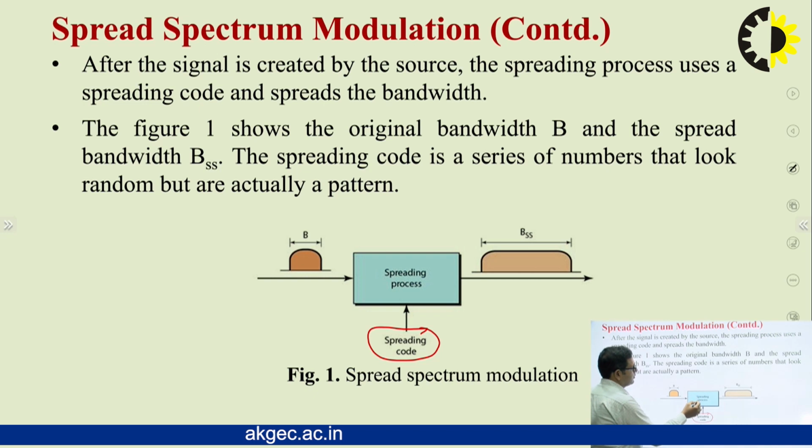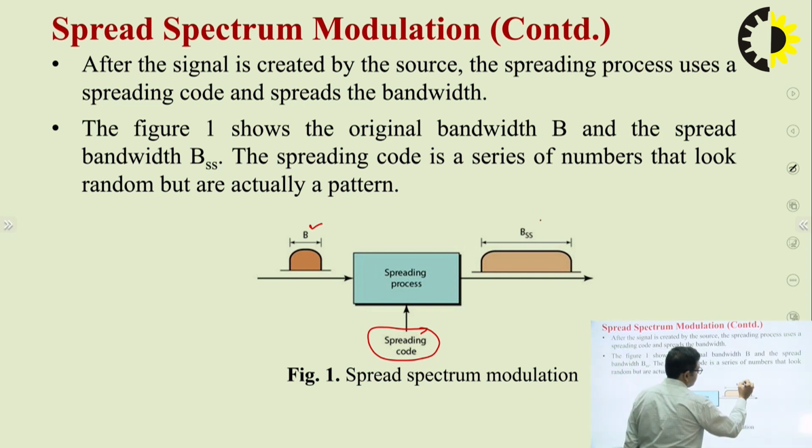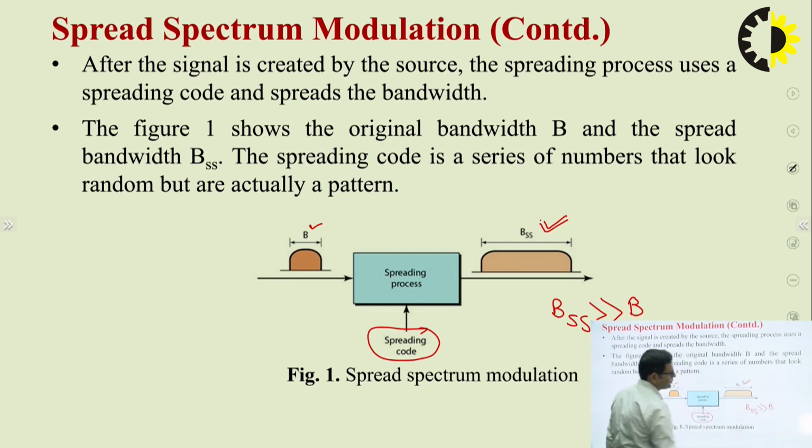This is the spreading process in which the bandwidth of the original signal is B and it is multiplied with a spreading code, and the resultant signal bandwidth is much higher than the original baseband signal bandwidth, that is BSS must be greater than B. This is the basic concept of spread spectrum modulation technique.